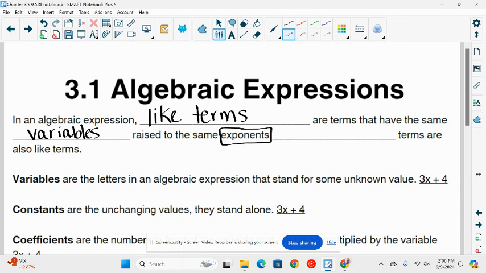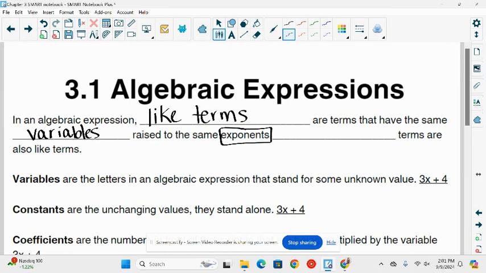Alright, let's try it again. Same variables, same exponent.